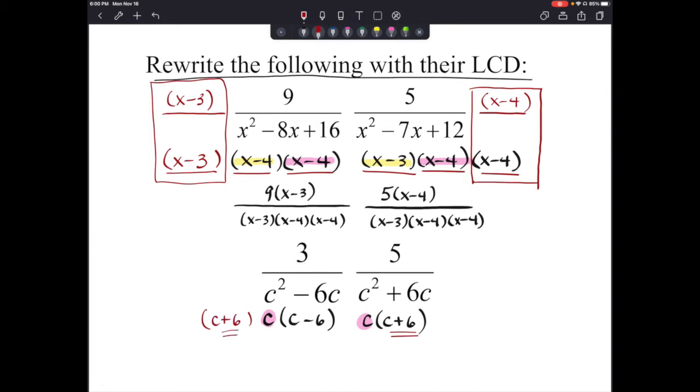And then now that they both have that, we're going to have to also multiply the right side by a c minus 6 so that they both have one of those. And again, we're going to multiply the top and the bottom by that new factor. That way we will keep it proportional.